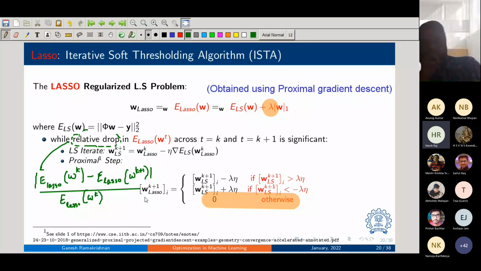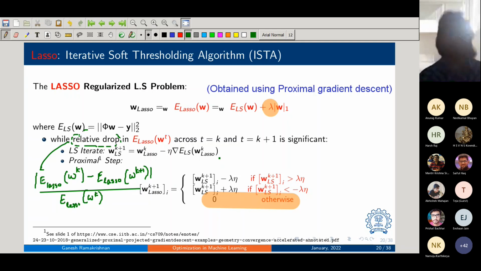Sir, why is that drop significant compared to the last iteration? If we go iteration by iteration, after some k iterations many of my weights will be 0. So in the k plus 1th iteration, my drop will not be the same as in the kth iteration, right? Yes, we have not really defined what is significant, and as you're saying, this is not the only criterion. There could be other criteria.